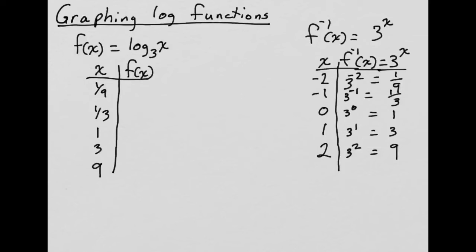And then all the values here that are in the x column are going to go over here in the f of x column. So we'll have -2, -1, 0, 1, and 2.